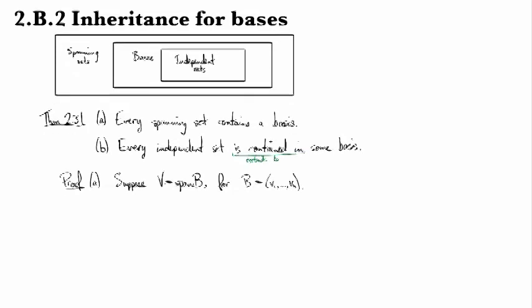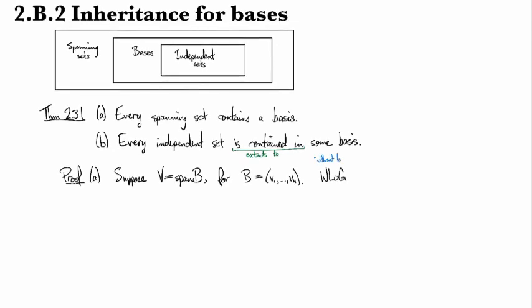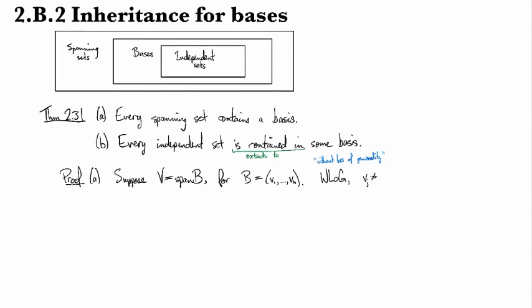And then, without loss of generality, so if you haven't seen this before, this is without loss of generality, none of the Vj's are equal to 0.